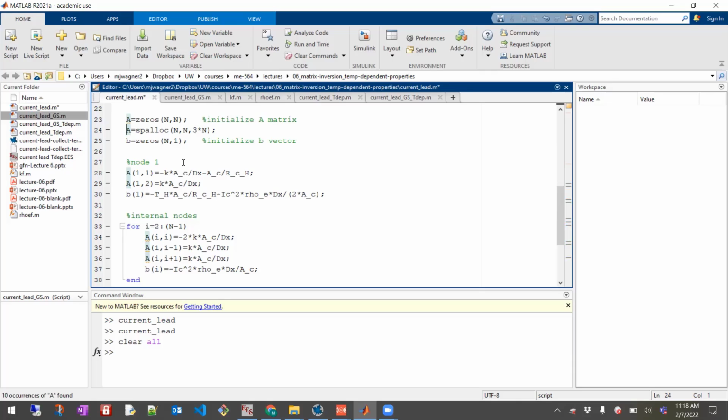So if you say A is equal to zeros(n,n), what you're saying is, I'm creating a matrix that's n rows and n columns, and I'm going to initialize that with a bunch of zeros. Okay, so now you, in memory, have this big 2D array of zeros. And then you can go through and assign values based on your actual computation for each equation. That's, like I said, one way to do it.